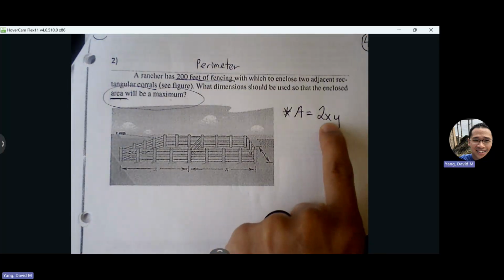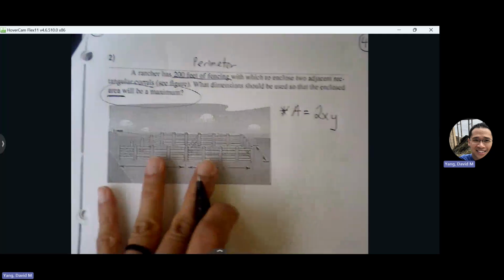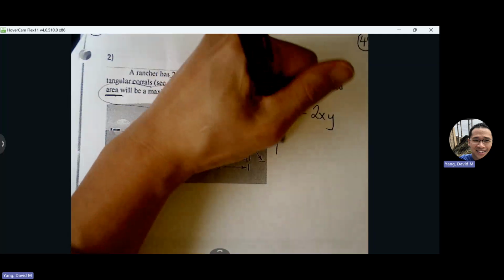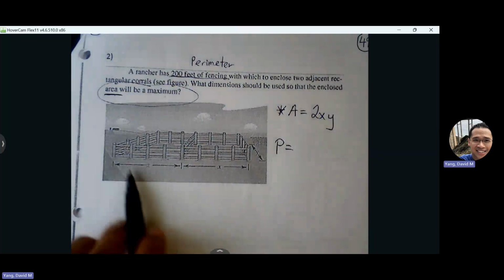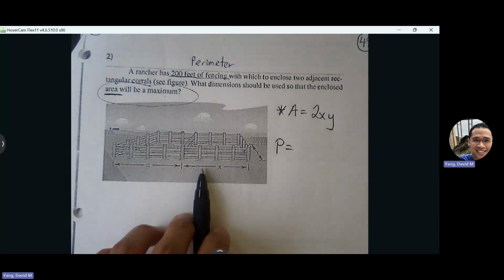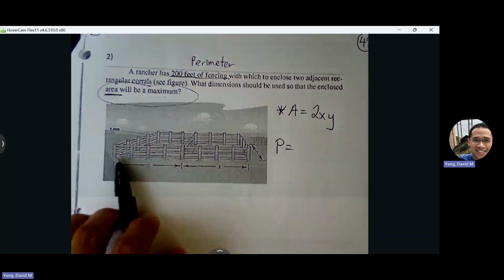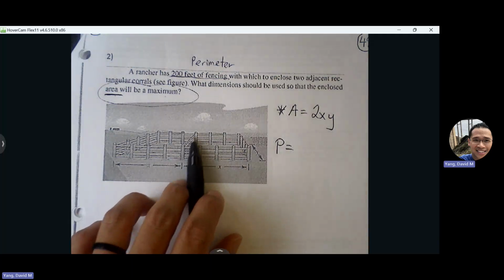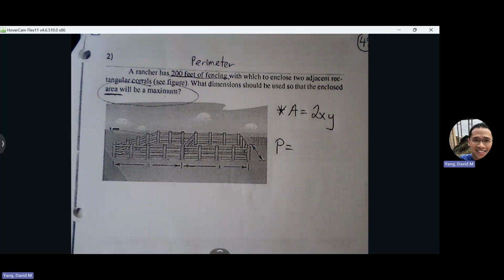Our goal is to try to get this down to one variable so that we can find the derivative, but we're going to need the perimeter to help us with that. So let's create the perimeter equation. I'm just going to add up all the lengths that are identified here. So perimeter is also going to include the middle set of fencing.